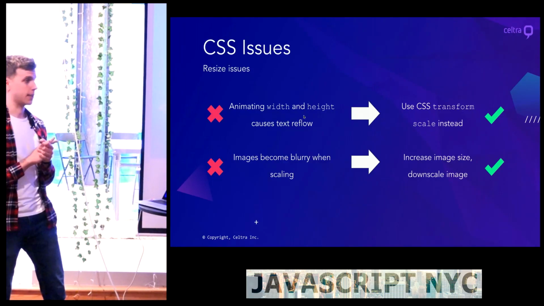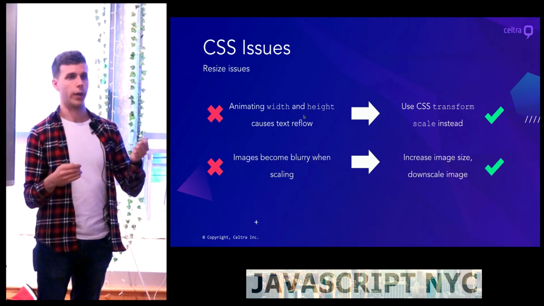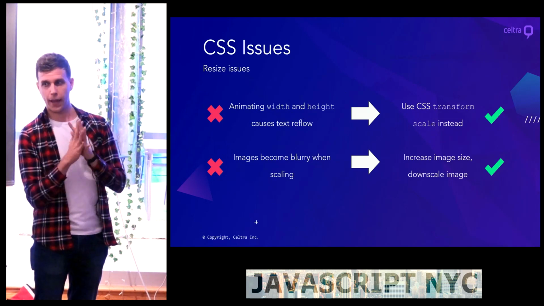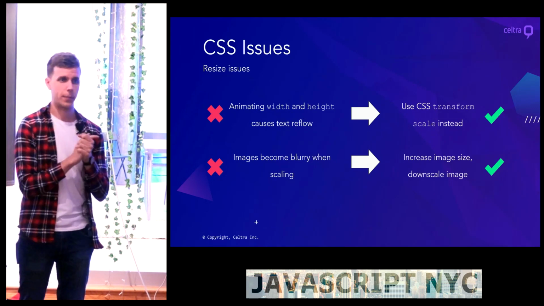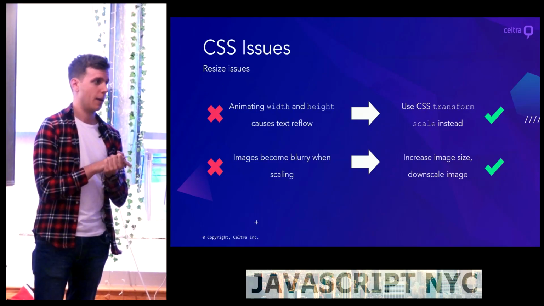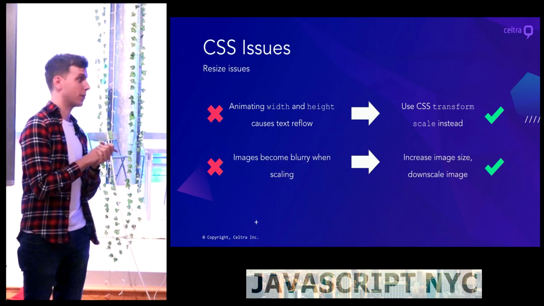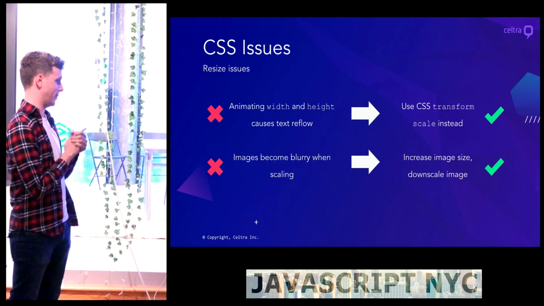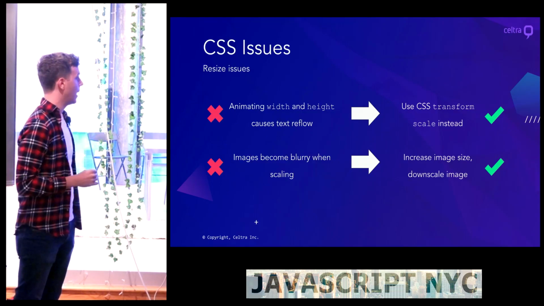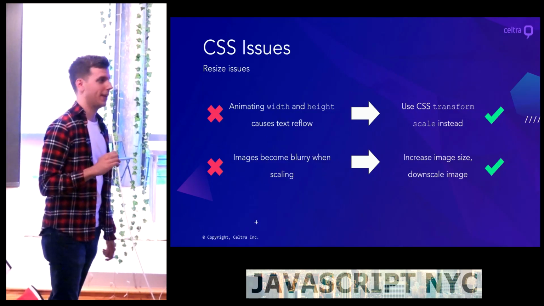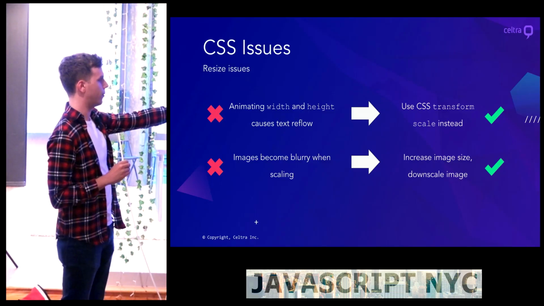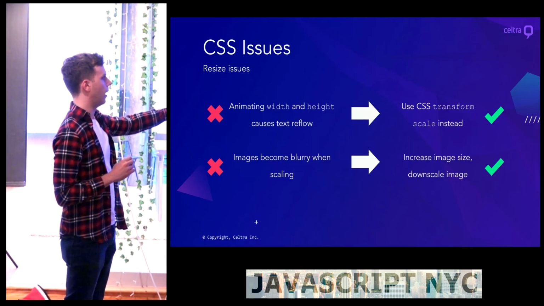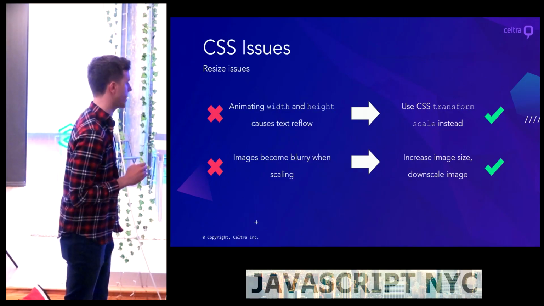The second thing is that an image becomes blurry when we upscale it, okay? And 1.5 years ago, this was still reproducible on desktop, but it's not anymore, but it's still reproducible on devices. And because of that, I don't have a demo, but you can believe me, it does happen. And in order to solve this, you can increase an image size before an animation starts and downscale it. So let me explain that.